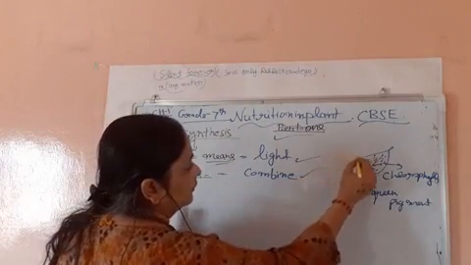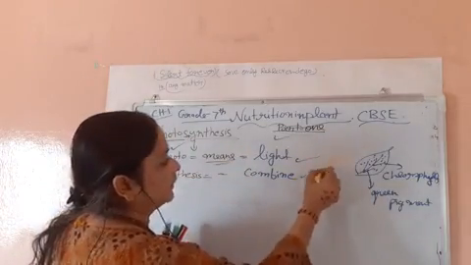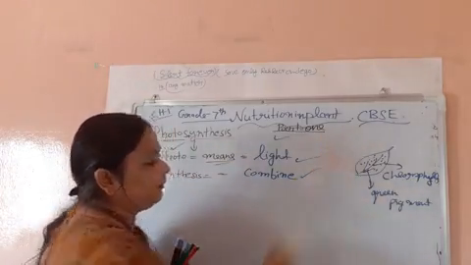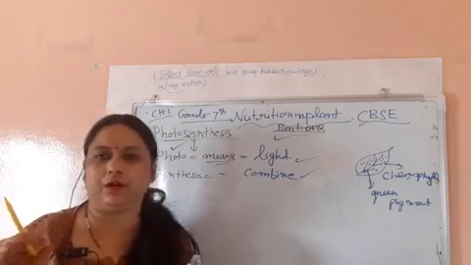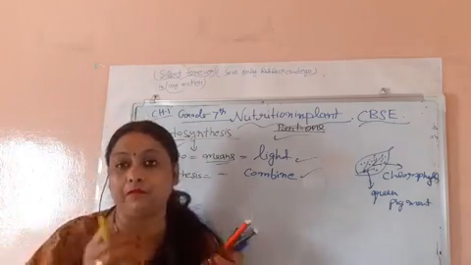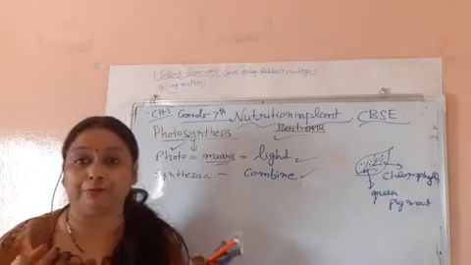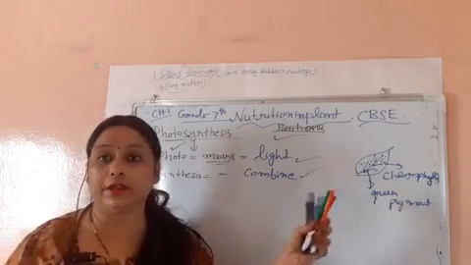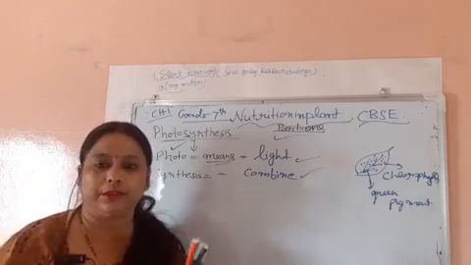Sunlight is absorbed by the green pigment. The green pigment is already present in the green leaves of the plant, and only this green pigment is capable of absorbing or capturing light from the sun. This sunlight is very necessary for photosynthesis.